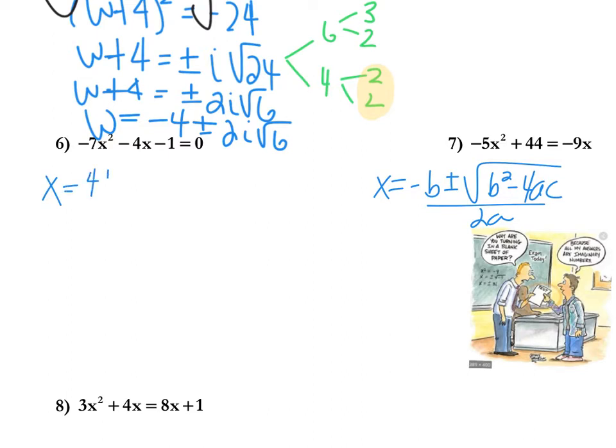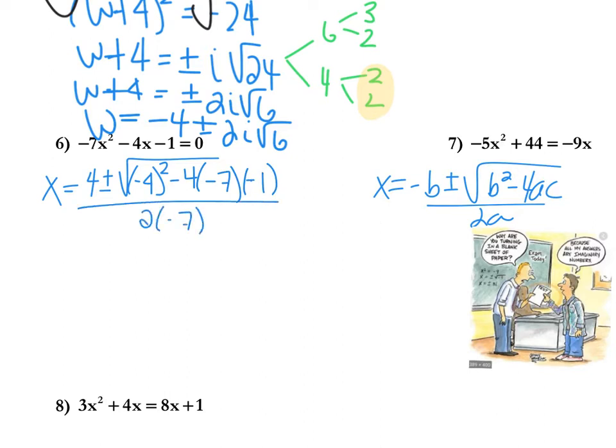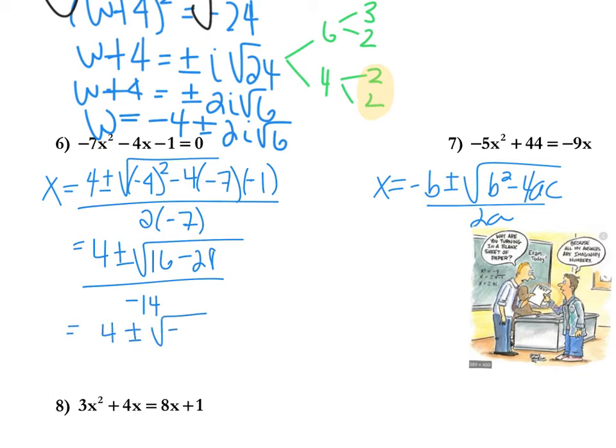So x equals opposite b plus or minus the square root of b squared minus 4ac all over 2a. So that gives me 4 plus or minus the square root of 16 minus 28. Make sure that you are careful of negatives. So I have 4 plus or minus root -12 over -14.